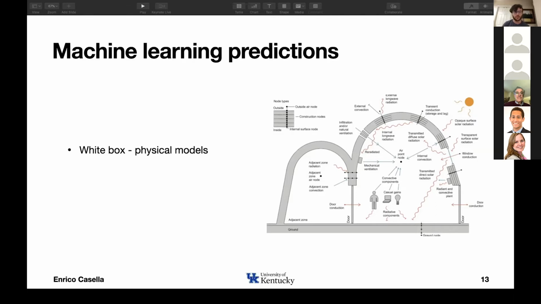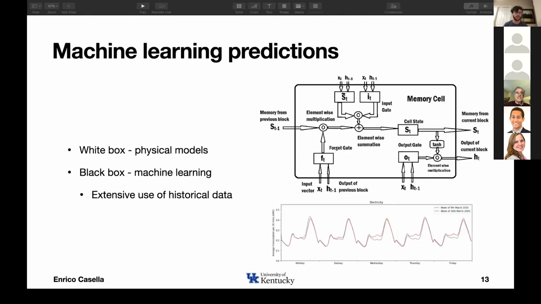a bunch of equations that define the thermal conditions of the house. Another approach is purely based on data. It's usually machine learning or deep learning, and it relies on the fact that energy consumption has patterns. Whenever we have the same weather conditions or indoor environment conditions, then you will have a similar power consumption.